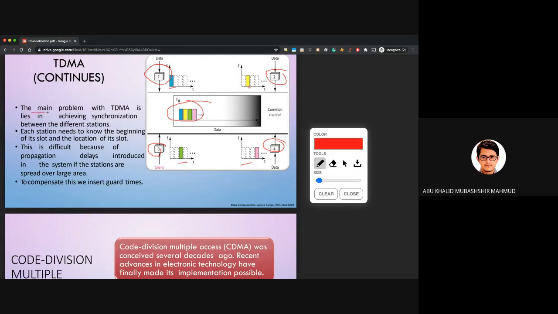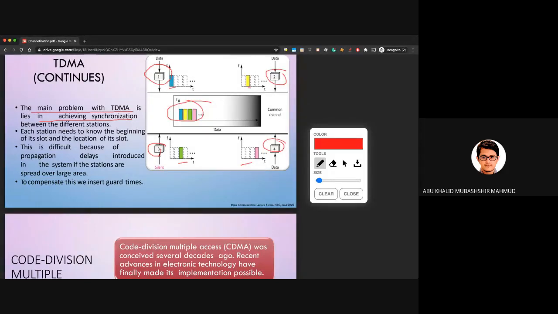The main problem, as I have discussed already, is achieving synchronization between different stations. The issues remain the same. Synchronization is very necessary in data communication, and specifically in this multiple access or multiplexing topic.